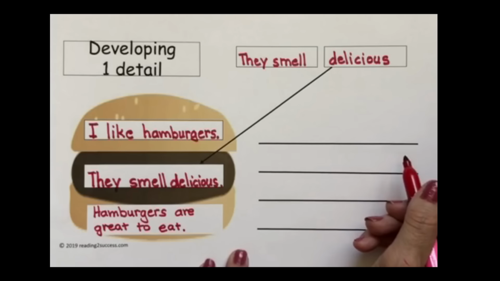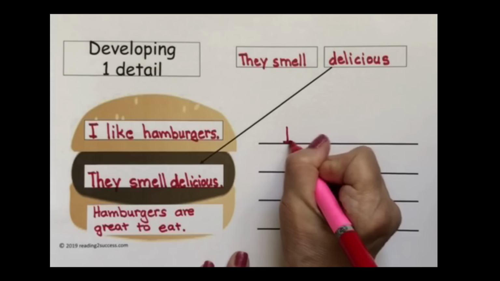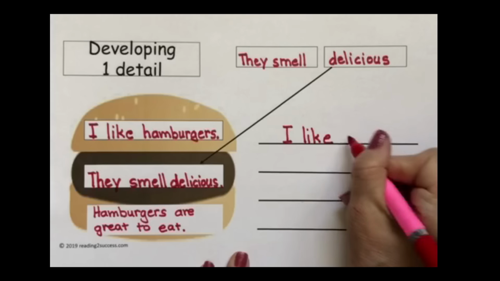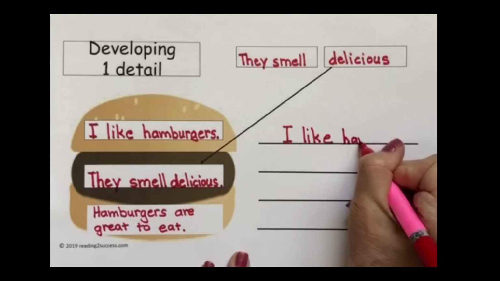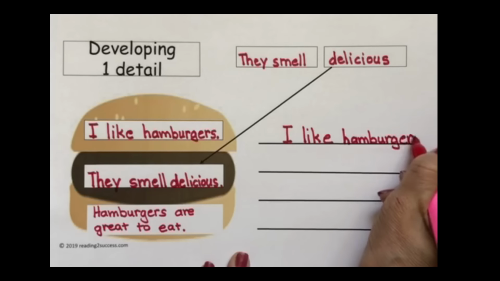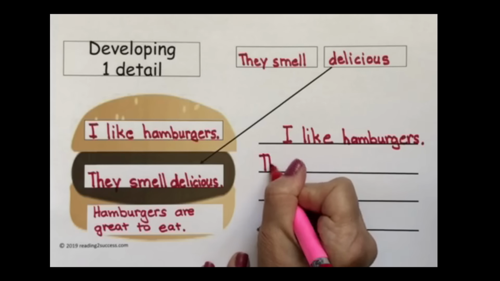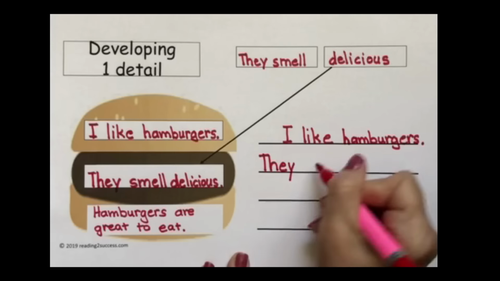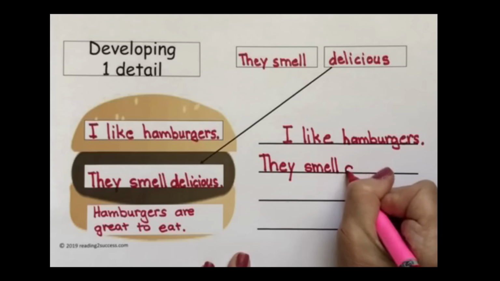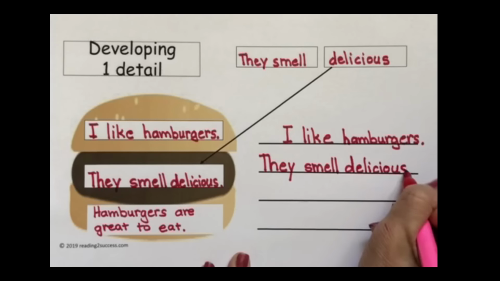Now we're going to write our paragraph. Our first sentence will be indented because it is a paragraph. I like hamburgers. Period. They smell delicious. Period.